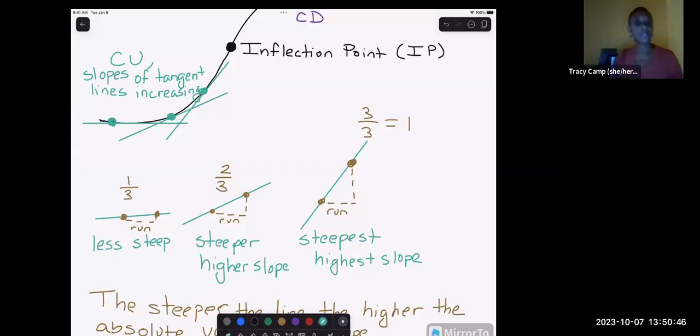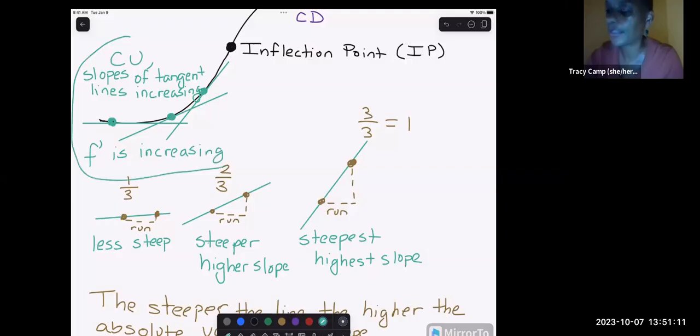What is the slope of the tangent line? The slope of the tangent line is the derivative. So this means that the derivative is increasing. F prime is increasing. So this is actually all true, that whenever your graph is concave up, F prime is increasing.